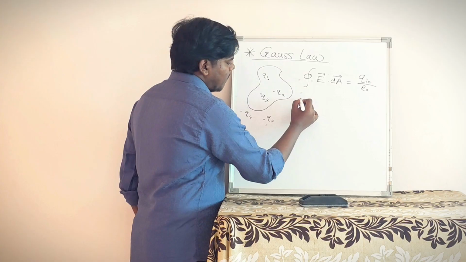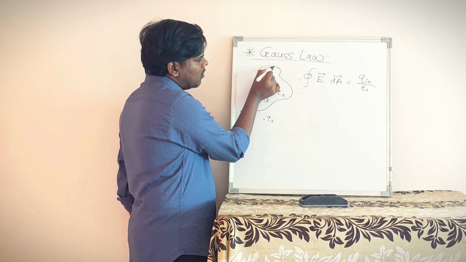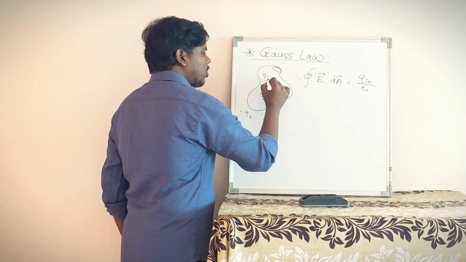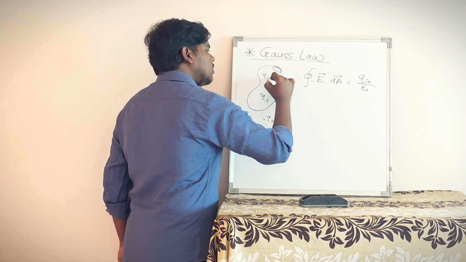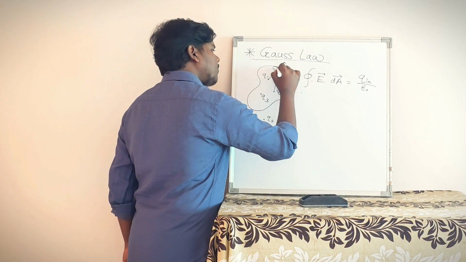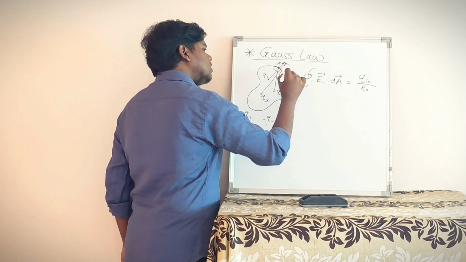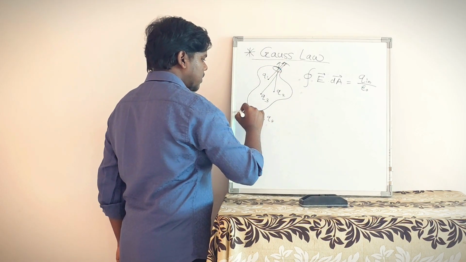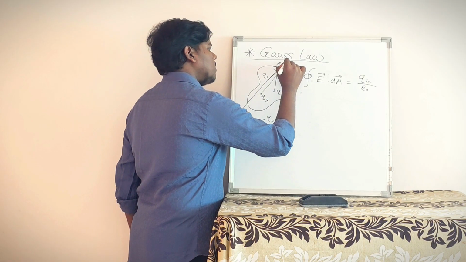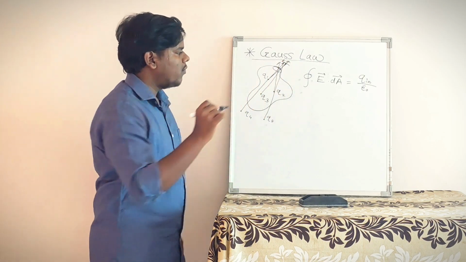One thing we have to remember here: let's say through this point we are calculating flux. Due to Q1, this will be our electric field line. This is Q2, this is Q3. Now due to Q4 and also due to Q5.